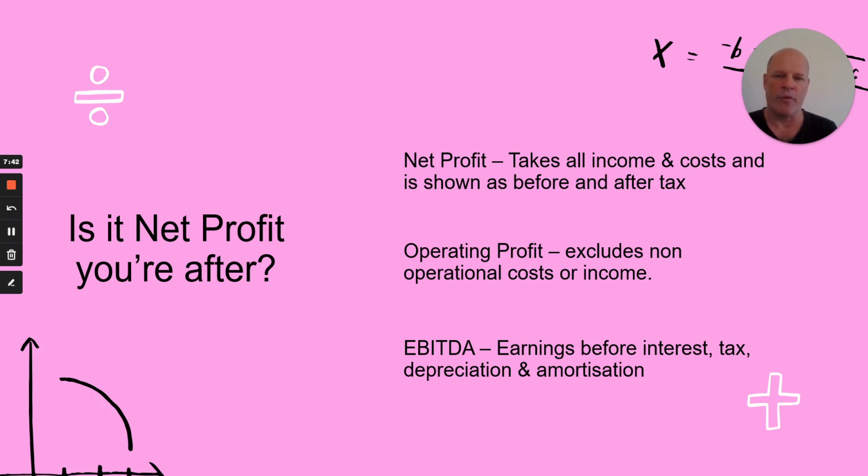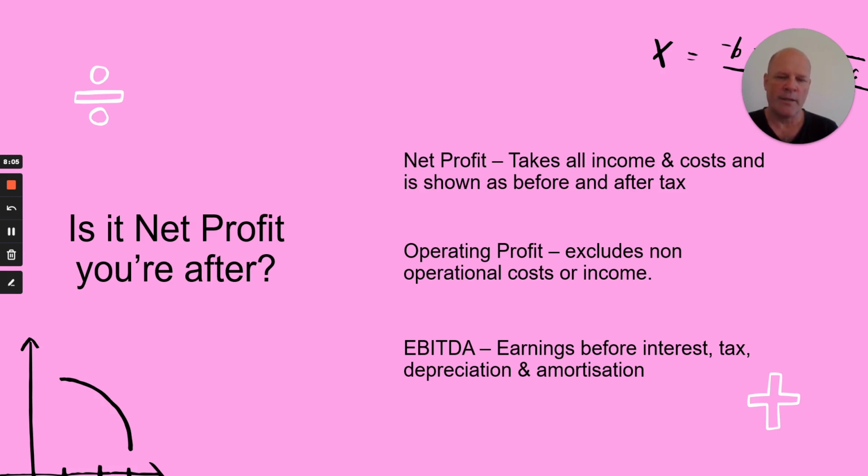Net profit can be net profit before tax, and it's also shown as net profit after tax. So you're only really looking at net profit really once a year. Management accounts are for you. And what you want to call that bottom line, it really doesn't matter. I've just called it bottom line there, for instance, and quite a lot of my clients call it the bottom line.